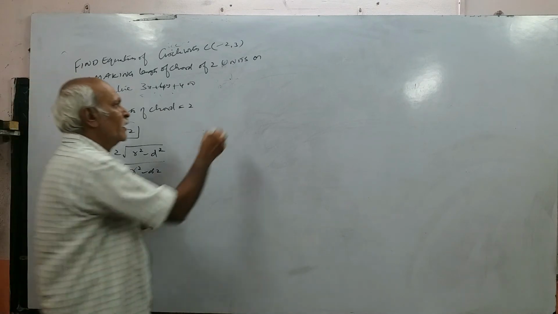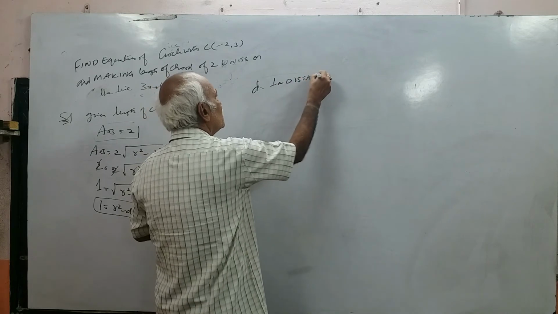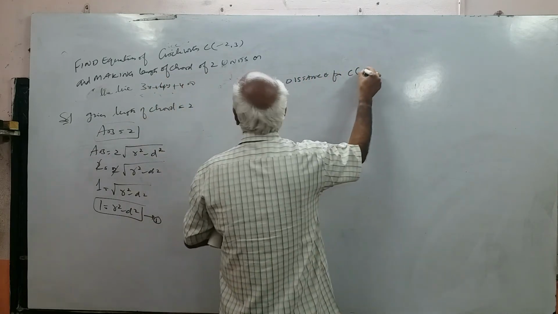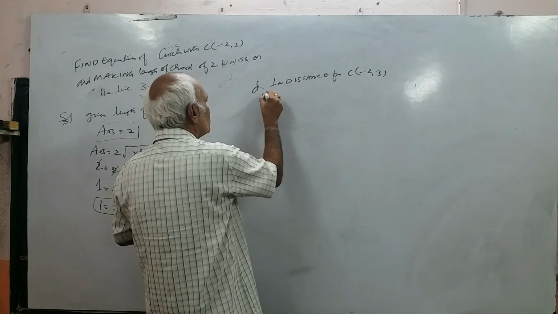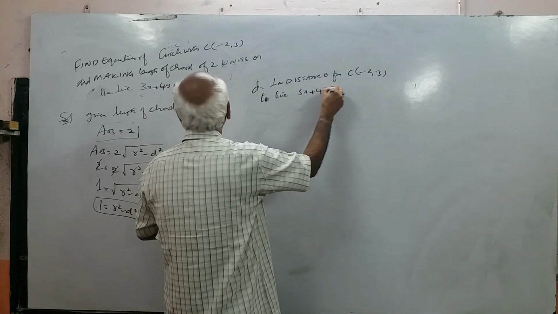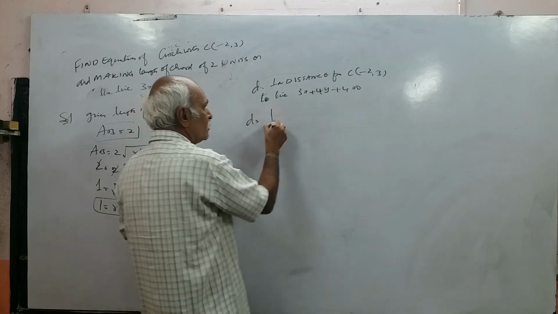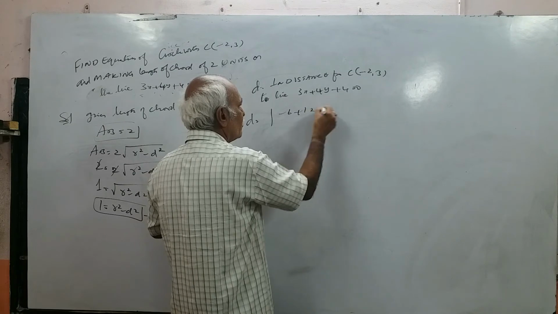Now d is the perpendicular distance from the center. What is the center, sir? Minus 2 comma 3 to the line 3x plus 4y plus 4 is equal to 0. 3 into minus 2 is minus 6, plus 12 plus 4.